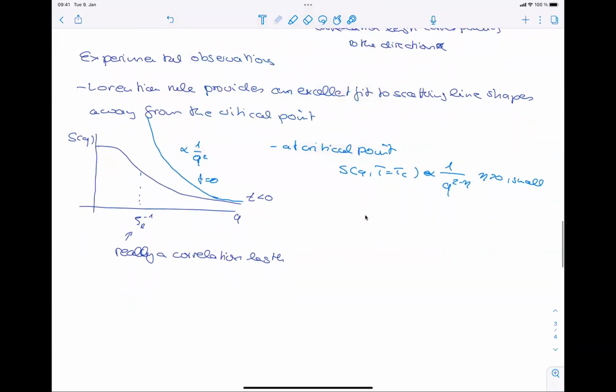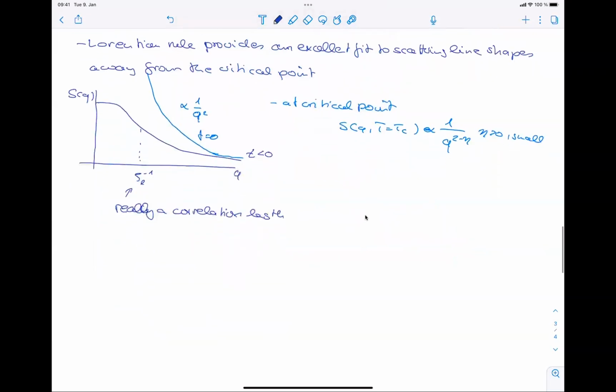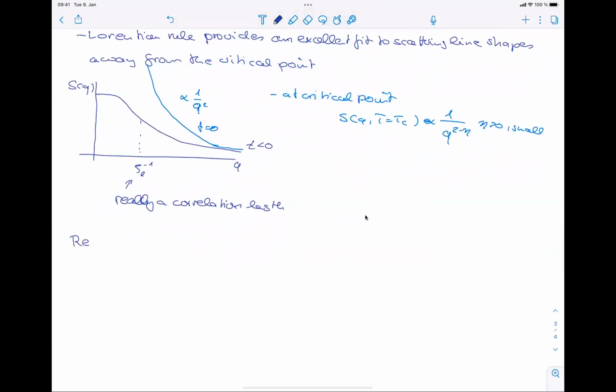How can we see this? Now we want to really calculate the correlation functions as a function of the dimensions in the system. And so remember the definition of connected correlation.